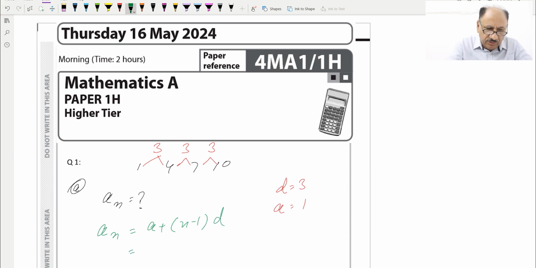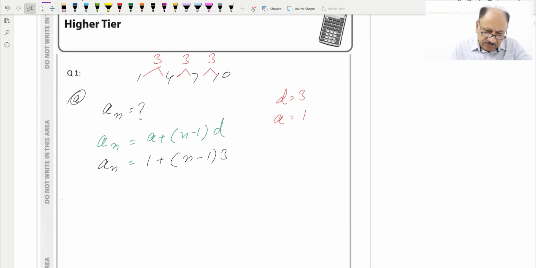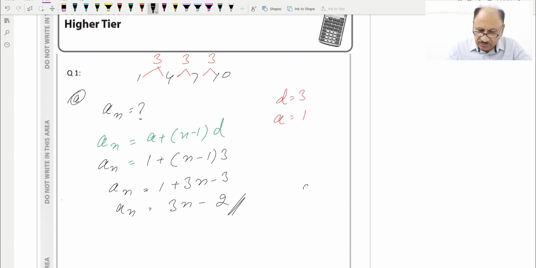So an is 1 plus n minus 1 into 3. Opening the bracket, 1 plus 3n minus 3, so an is equal to 3n minus 2. This will be our final answer, and this is for 2 marks.